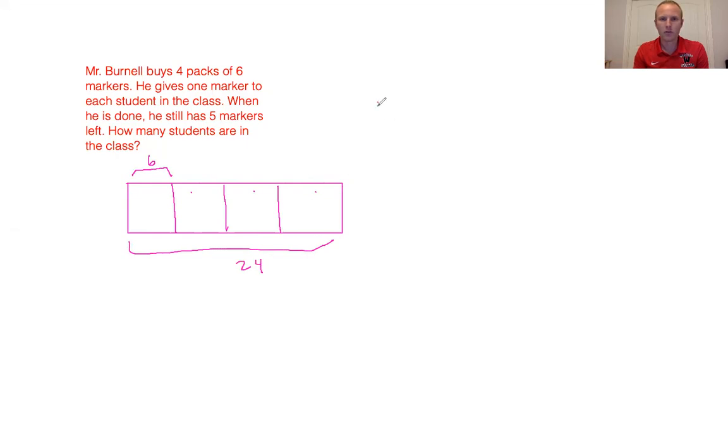And up here I'll write 4 times 6 equals 24. 24 markers. So that's step 1. I've now done this part. That's the first step, is figuring out how many markers I have. And from that, I'm going to pass one out and then have some left over. And that's how we're going to figure out how many students are in the class.